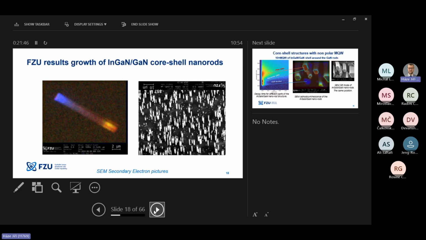So here are some of our nanorods already. This one nanorod has a core-shell structure already, with GaN and InGaN in the shell. You can see that there is a gradient in composition, which would help to separate electrons and holes, which is necessary if you want to use them for water splitting.